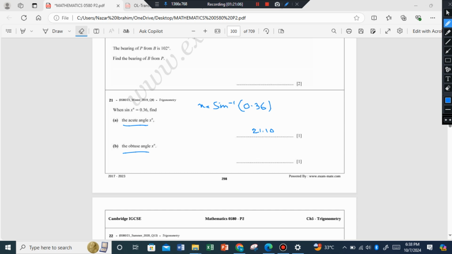To take out the obtuse angle, that is the angle which is lying between 90 to 180, we just learned in the previous question that sine x is equals to sine 180 minus x. So sine 180 minus x is basically 21.10 over here. Right, so what we will get is 180 minus 21.10, which will give me 158.9.